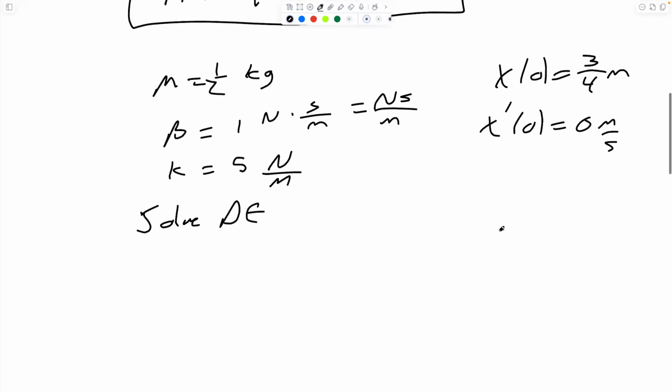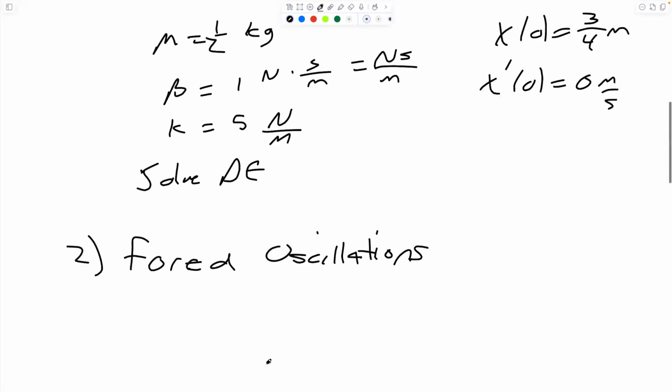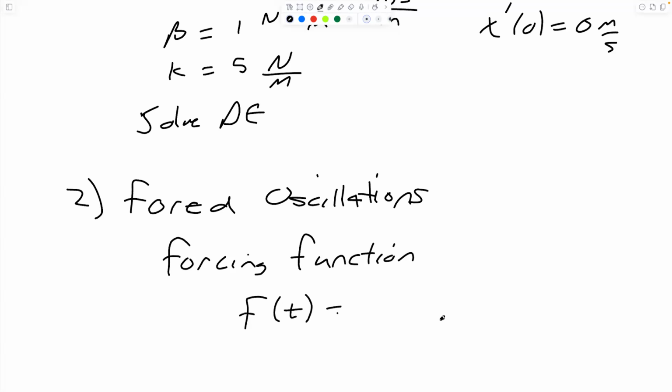Okay. Now we get into part 2. And we're going to do forced oscillations. So we're going to throw in a forcing function. We're going to have some f that's a function of t.